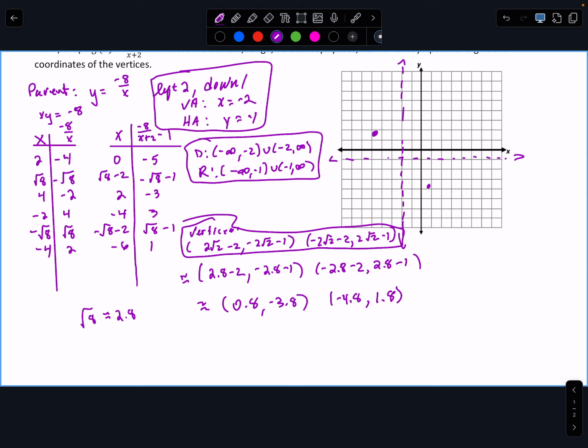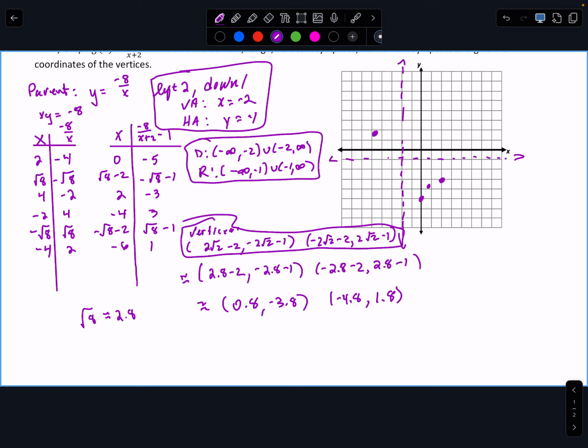Then continue with the other two points on each branch. So we have (0, -5) and (2, -3).